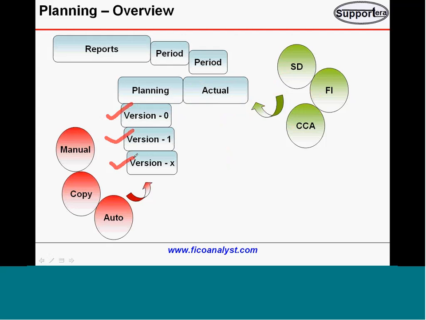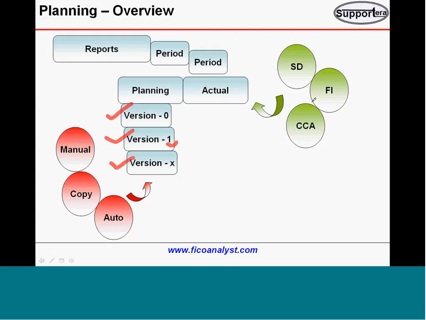Versions make your planning have multiple levels of plans. For example, you may use version 1 for a specific purpose, version 2 for another purpose, or version 3 for another purpose. There is no limit as far as the versions are concerned, right?